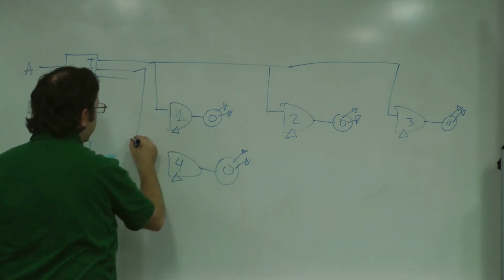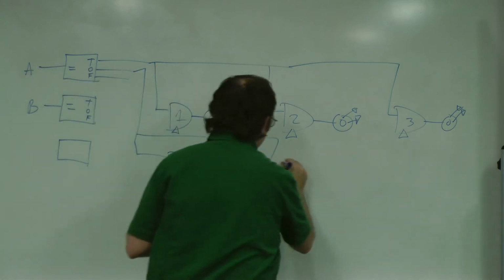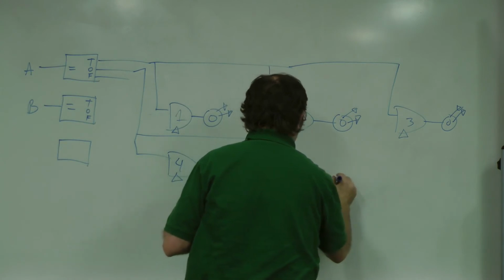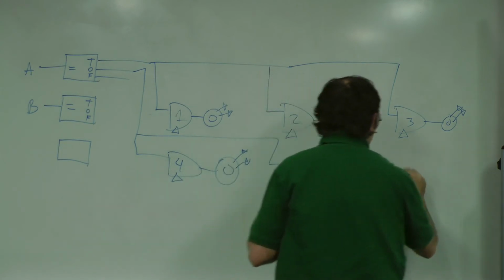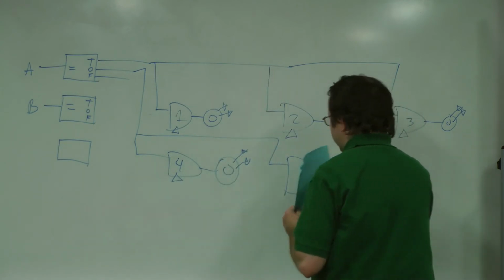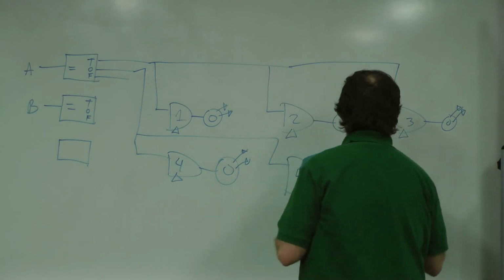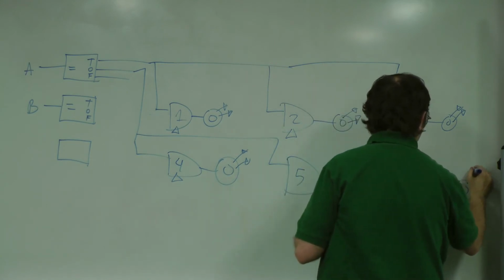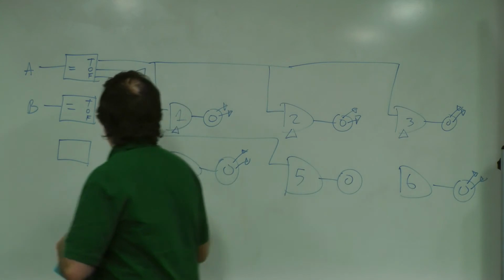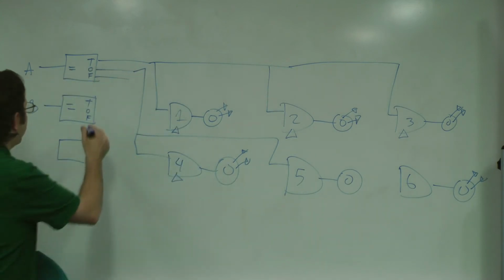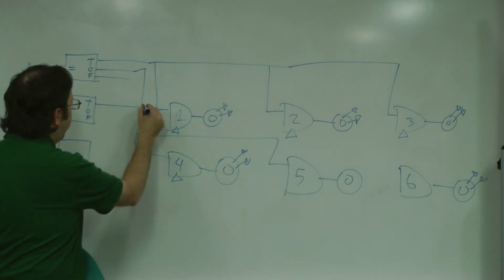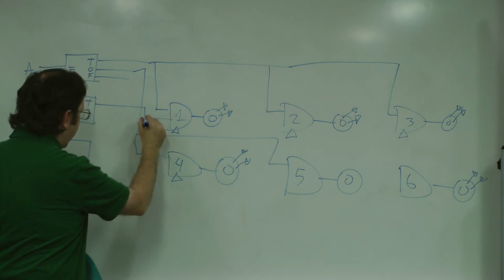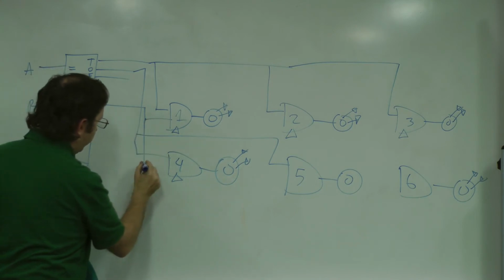And the insertion gates would feed into here. And similarly, for the B value, it would come through here and go to be the second input.